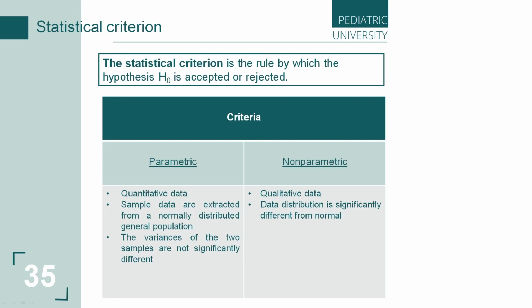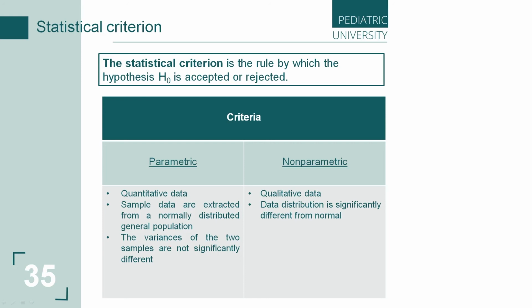In all other cases, if we have qualitative data, or our sample has an abnormal distribution law, or the difference between samples is large, in these cases we must use non-parametric criteria.